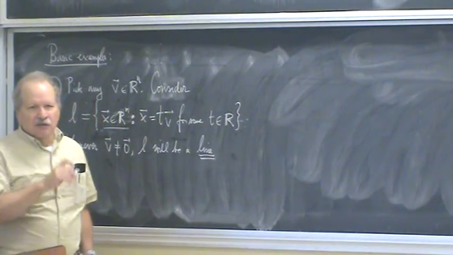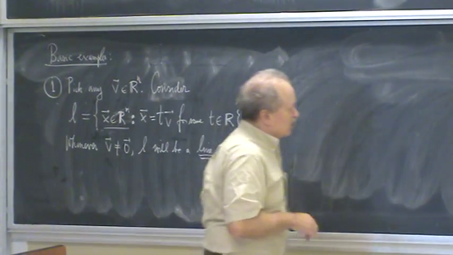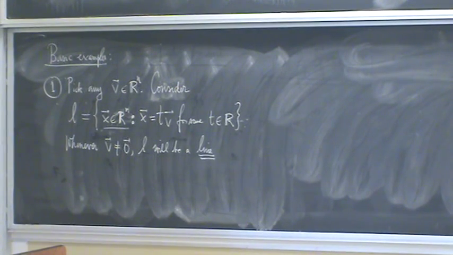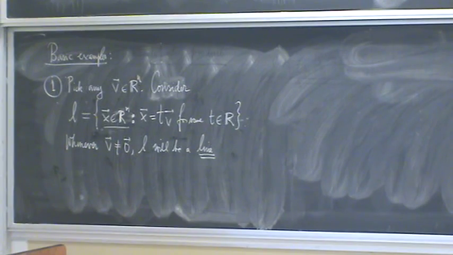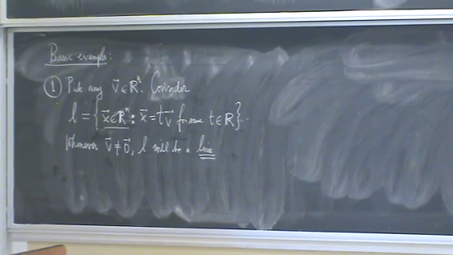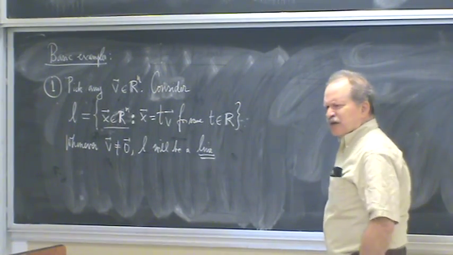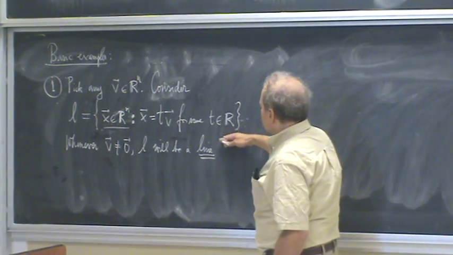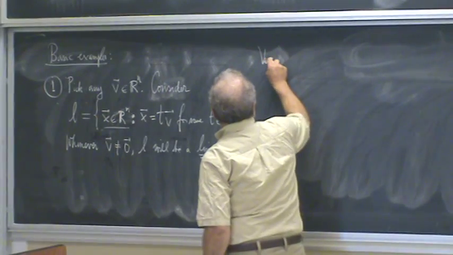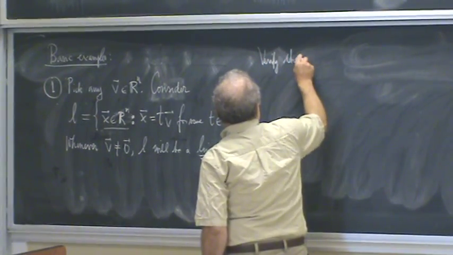All right, but let's officially check that it satisfies the 3 conditions. This is sort of boring, but let's practice doing it. You'll have some homework to do, not this week, but next week. So let's check that L is a subspace.